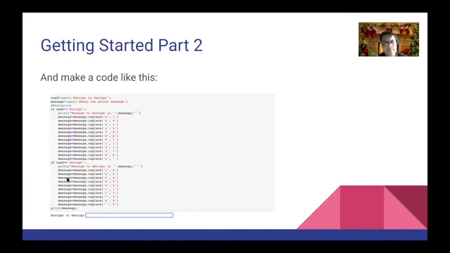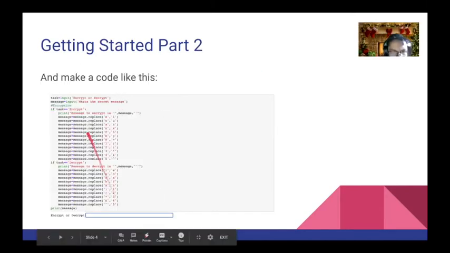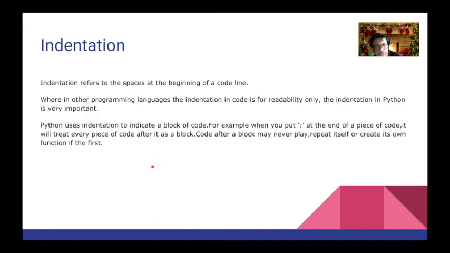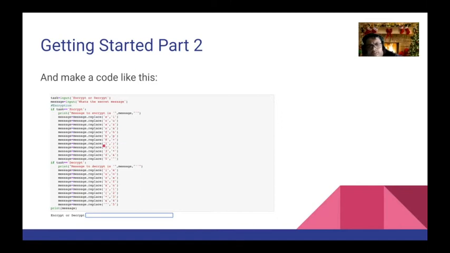What this is showing to Python is that this line of code is dependent on the line of code on top. Other coding languages usually use a bracket instead of an indentation. So over here you would see them put a bracket, but Python uses indentation because it's much more legible. Okay.